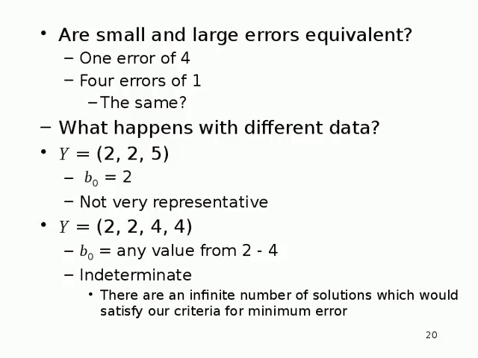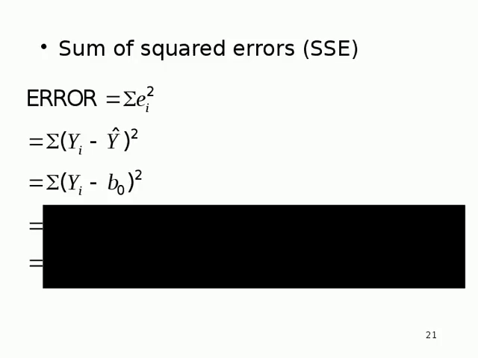Well, I do care about one specific solution, and that's the one that minimizes the error. If I had 2, 2, 4, and 4, the model could be 2, the model could be 4, the model could be 3, the model could be 2.5, it could be anything in between.